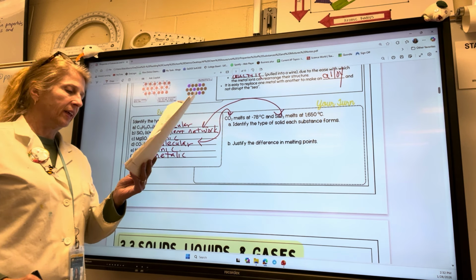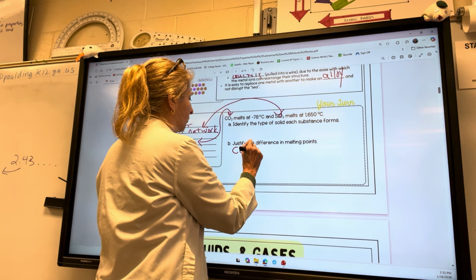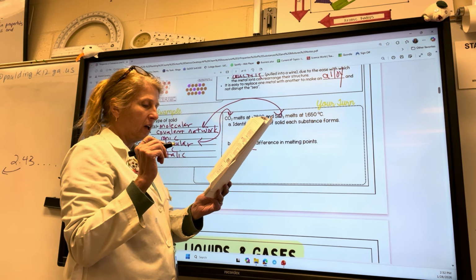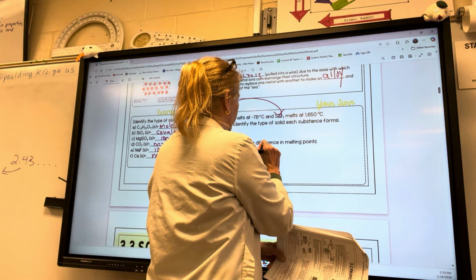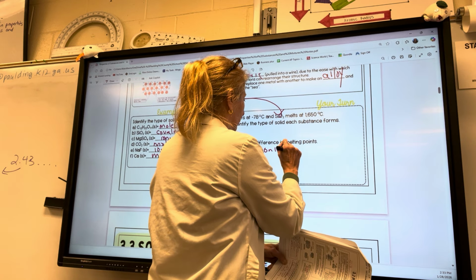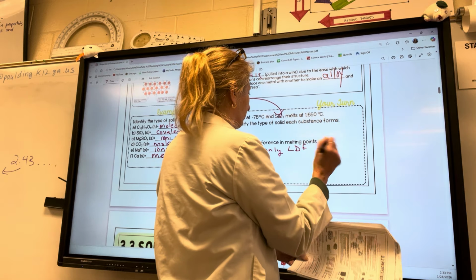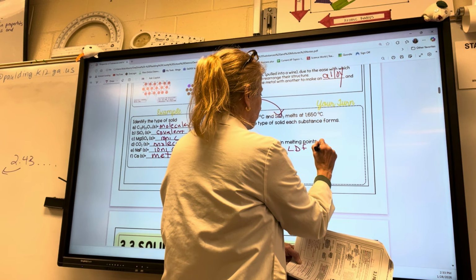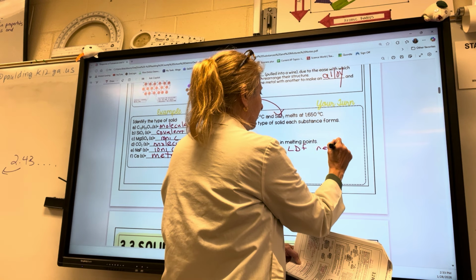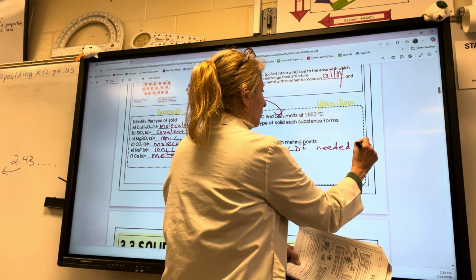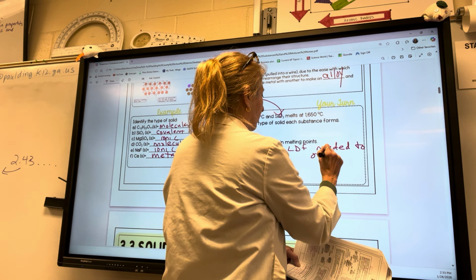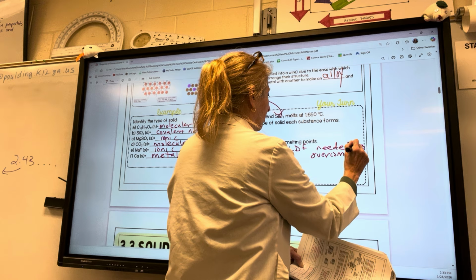In melting points, we always want to talk about intermolecular forces. CO2 only has London dispersion forces needed to overcome to melt.